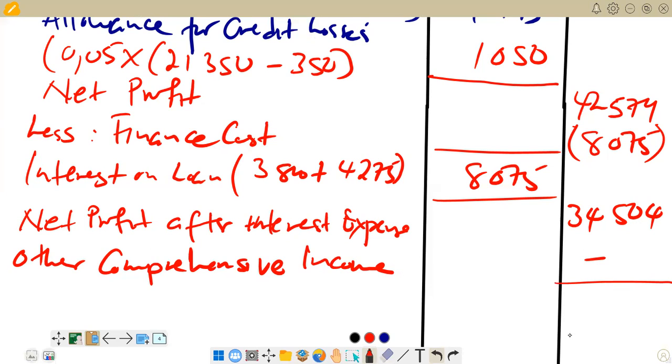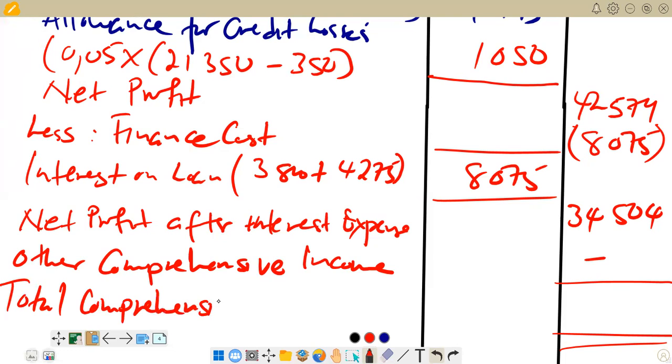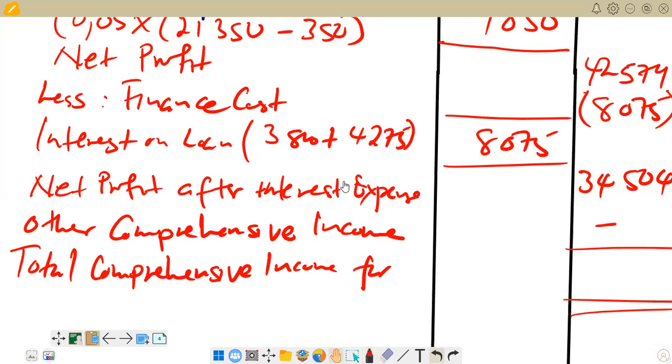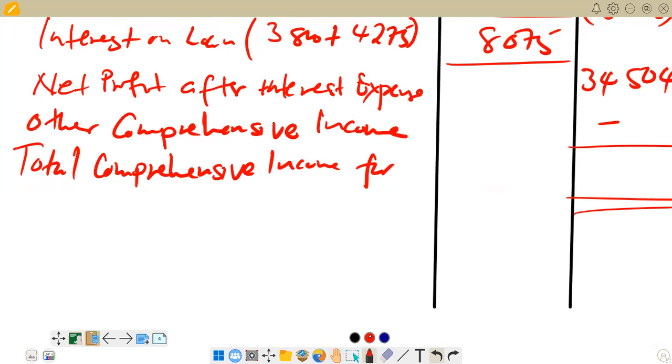And the total that we are supposed to get there is our final figure, which is now the total comprehensive income for the year. So this is what we have. And that figure is not going to be affected because we don't have any other comprehensive income. So we're just going to put the same figure here, 34,504.